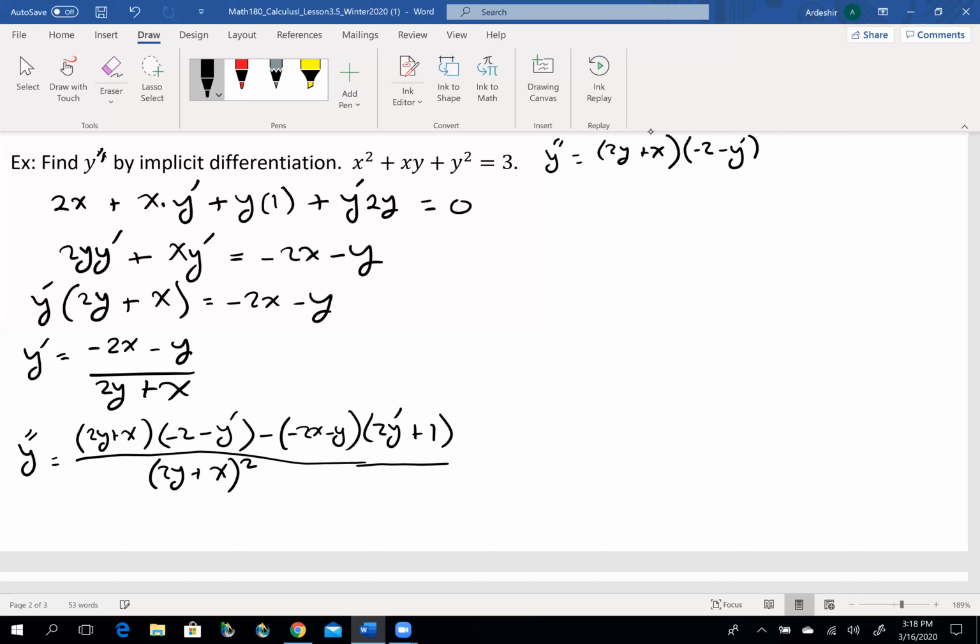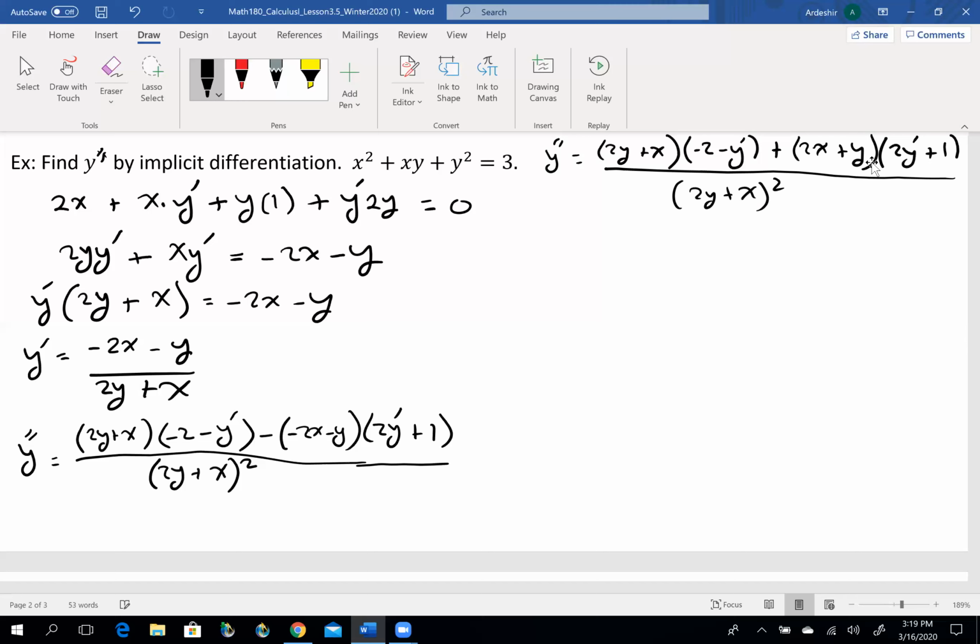Negative times negative is positive, so it's going to be plus 2x, and then negative times negative is positive, plus y, and then times (2y prime plus 1), and then over (2y plus x) squared.